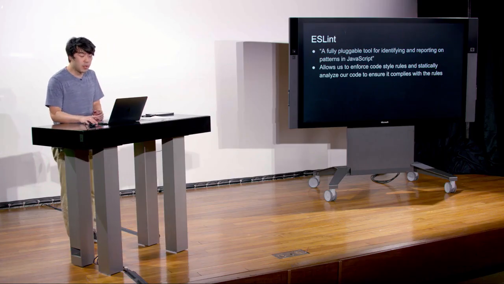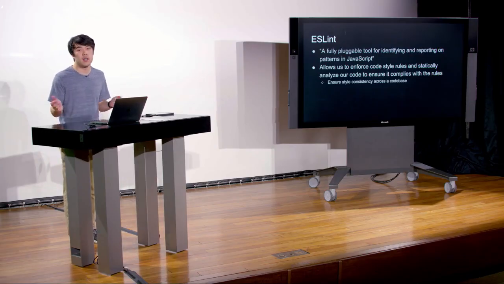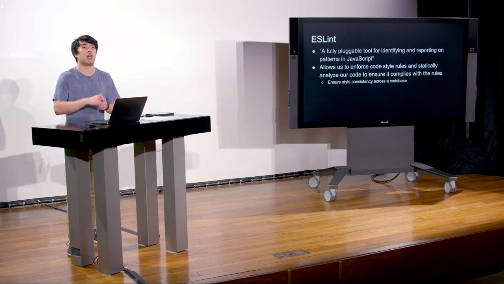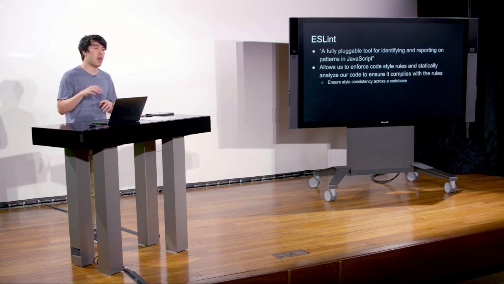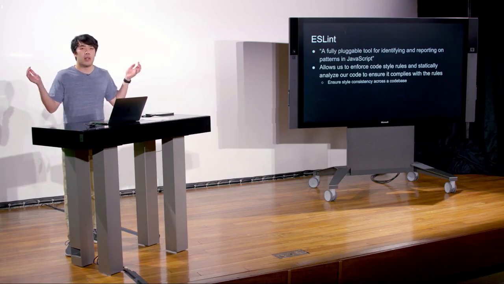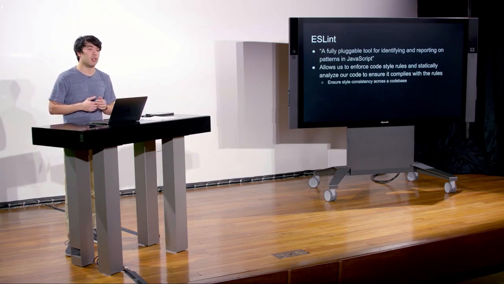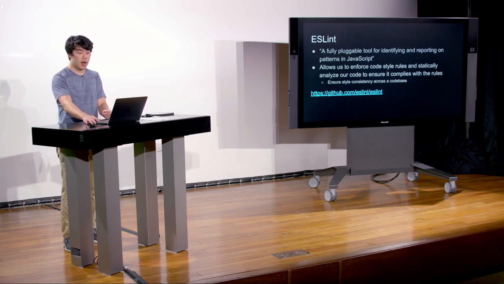What this helps us do is ensure style consistency across our code base. And this is great if we have maybe 100 different people using the same code base, where everybody writes JavaScript slightly differently. We can use ESLint to yell at our developers and say, hey, we should all be writing the same style of JavaScript. Maybe you should use this instead. And here's a link to it if you want to check it out.